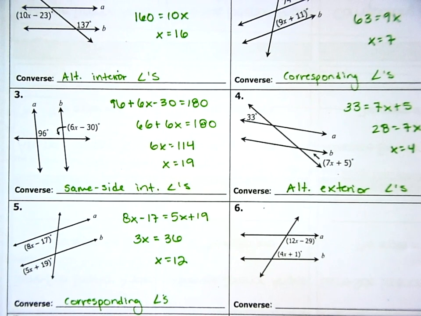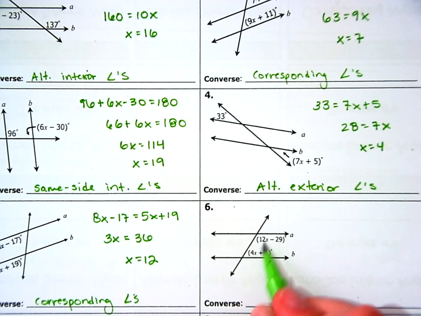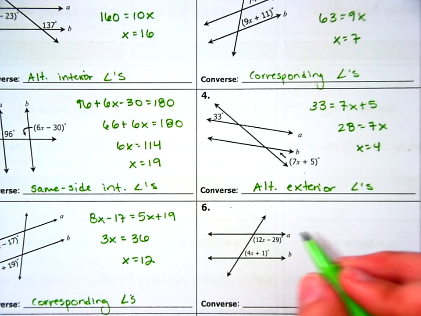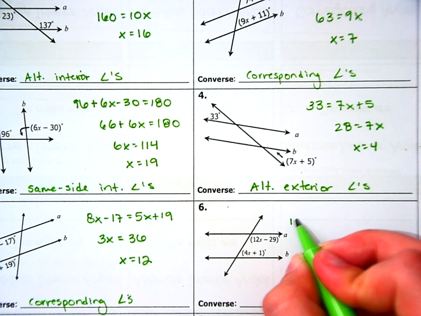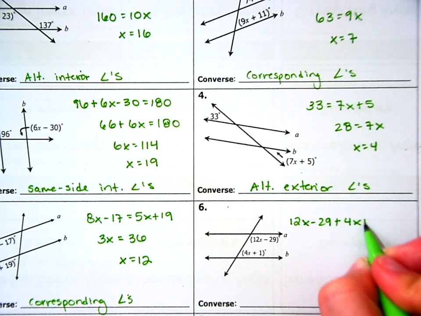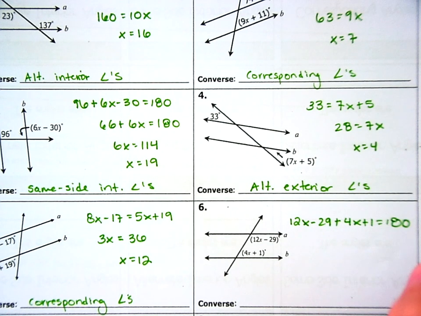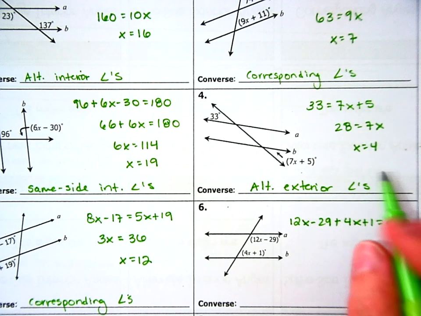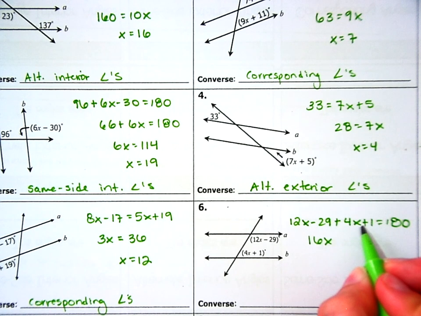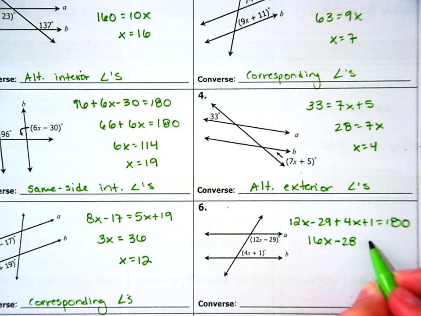All right, last one we're going to do together. These are same side or consecutive interior angles. So these, if these lines are parallel, have to add up to 180 degrees. So I'm going to do that. Plus 4x plus 1. Okay, we've got lots of terms to combine over here. So I've got 16x, and then I've got negative 28.